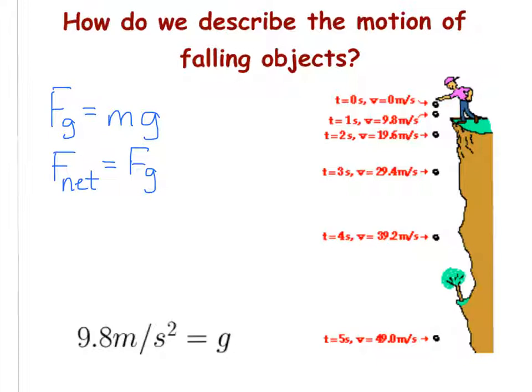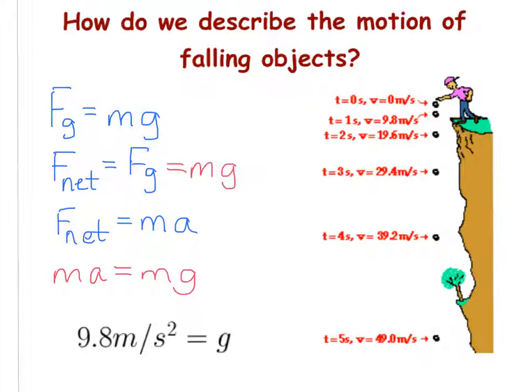We can also remember from Newton's second law that the net force is equal to mass times acceleration. So, if indeed there are no other forces acting on my object as I'm dropping it, it's in free fall, g is equal to a.